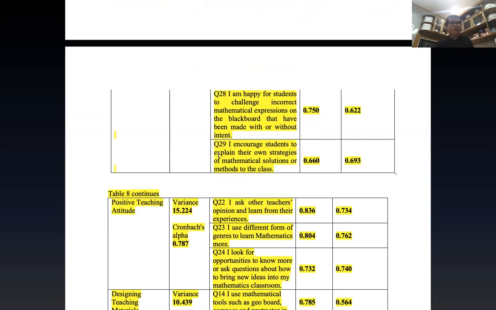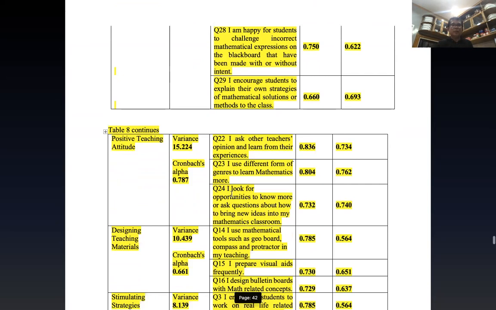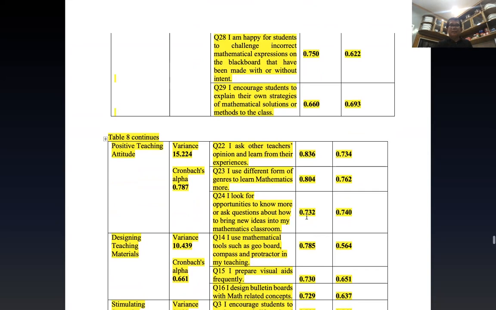The second factor is all about positive teaching attitude. And this one is composed of Q22, Q23, Q24, and the factor loadings are 0.836, 0.804, then 0.732, which actually meet the standard of at least 0.4 factor loading.